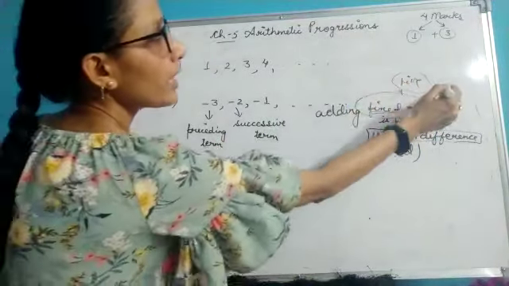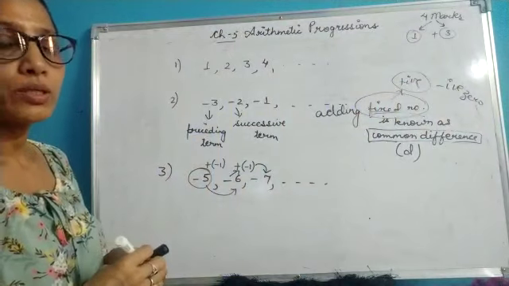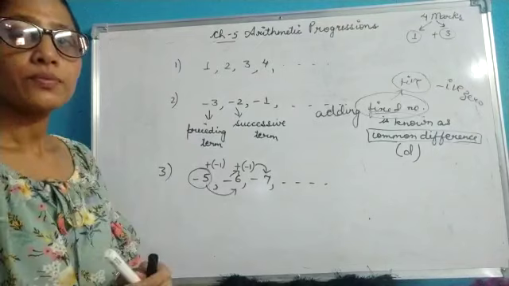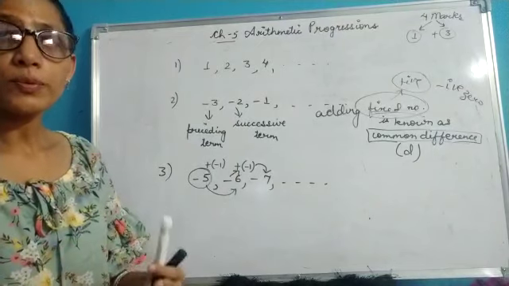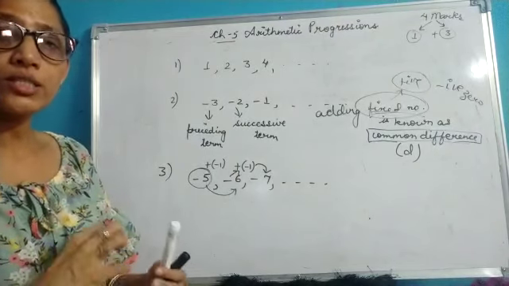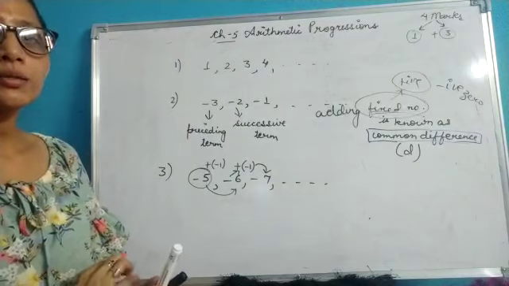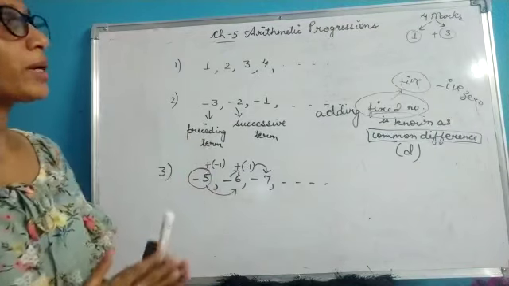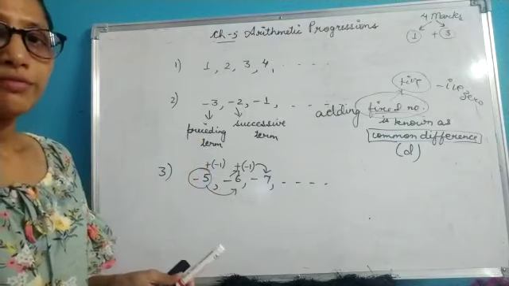So now I can define arithmetic progression as a list of numbers which is obtained by adding a fixed term to the preceding term to get the successive term. So this is your arithmetic progression's definition.